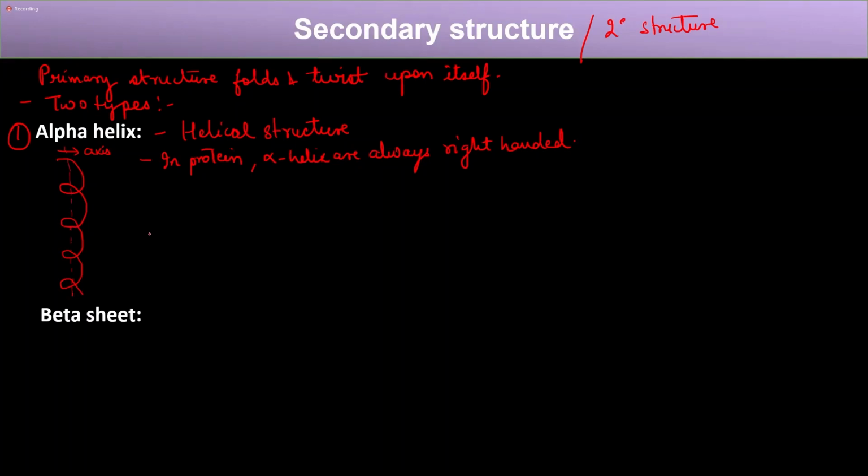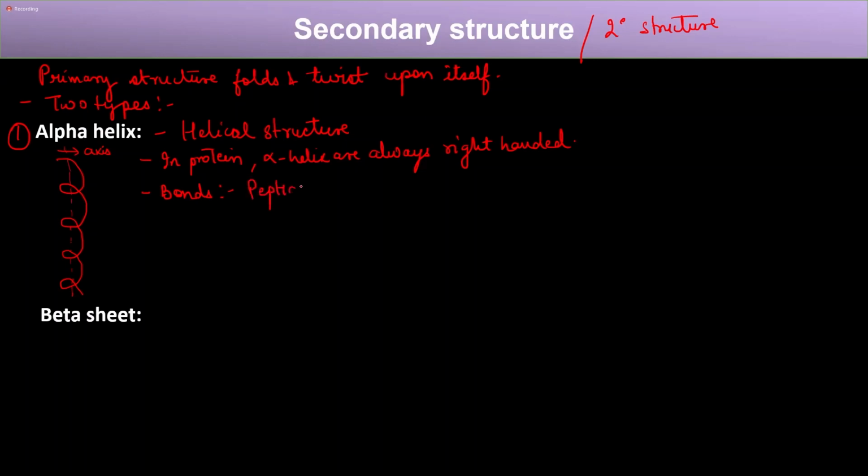Now, what are the bonds present in the alpha helix? This is the primary structure that is being folded, so the bond present in the primary structure will also be present here. The first bond in the alpha helix is the peptide bond.